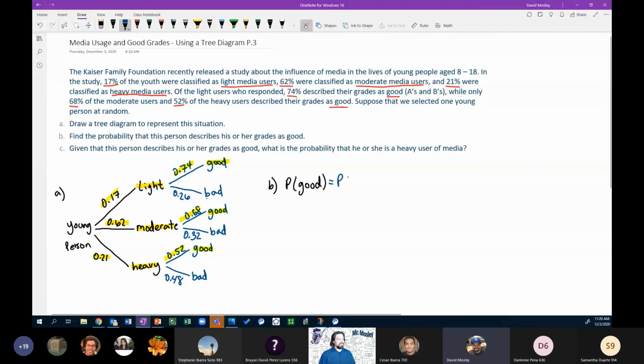So we'll just say we need the probability of being a light user and good, plus probability of moderate and good, plus probability of heavy and good.